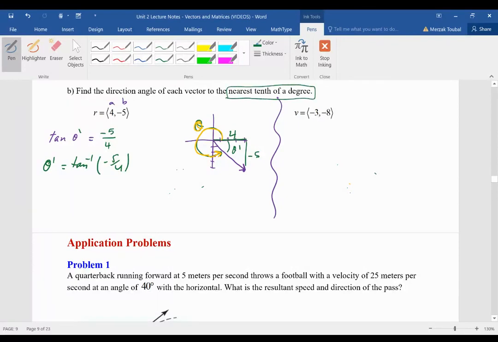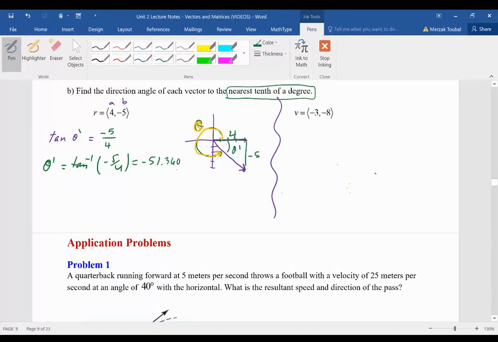So it means you go to your calculator, you go to mode and make sure you set it to degree unit. All right, after that we can calculate. So we're doing inverse tangent of -5 divided by 4, and that's -51.340. That should be sufficient, but it says to the nearest tenth of a degree.